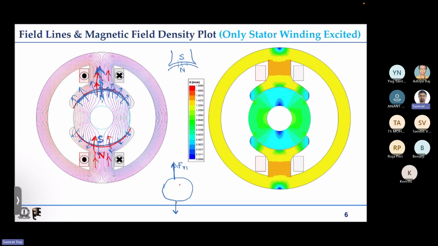Now if we look at this case, because this is a symmetric case and FR1 and FR2 are equal, there will be no net displacement of the rotor because of this magnetic force. What does it assume? It assumes that it is a rigid body.